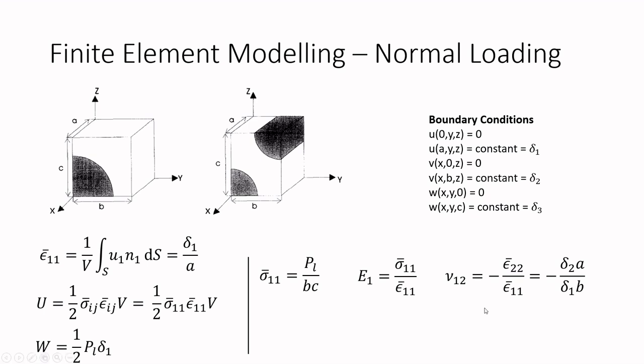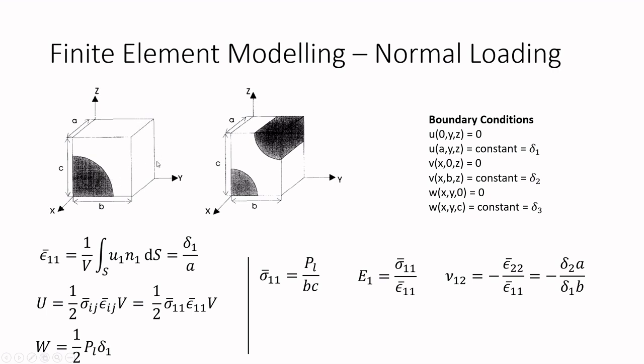So there are three models used in this particular analysis: normal loading and two types of shear loading. For normal loading, they have taken this quarter part of the entire RVE, and because of symmetry, this face will not move in the y direction and this face will not move in the z direction, and u on this face will be delta 1.